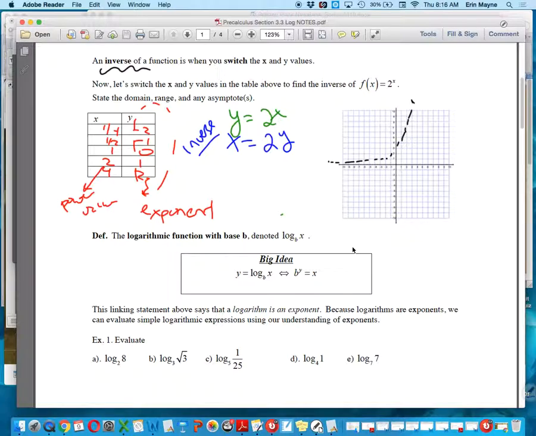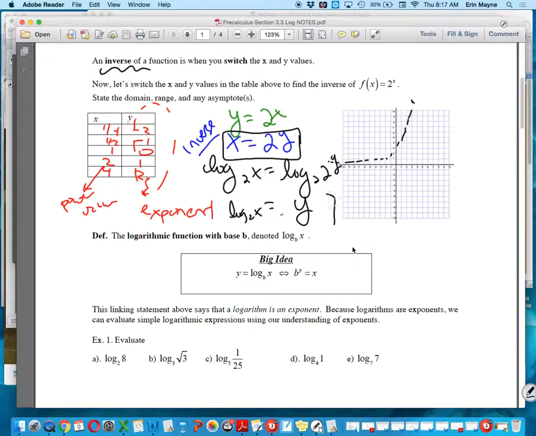So, literally, someone created a log. They created a logarithmic function to say, hey, if I take this log of both sides, I can say that y is the log base 2 of x. Now notice this blue line here and this black line here are equivalent statements.